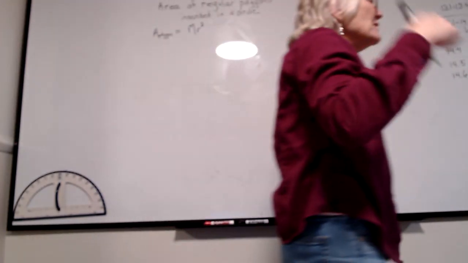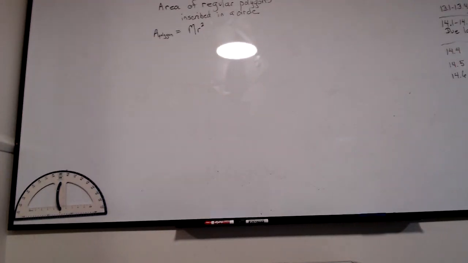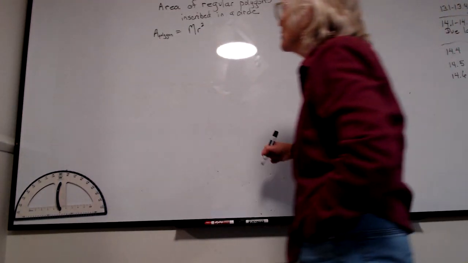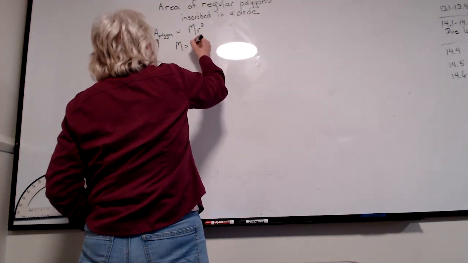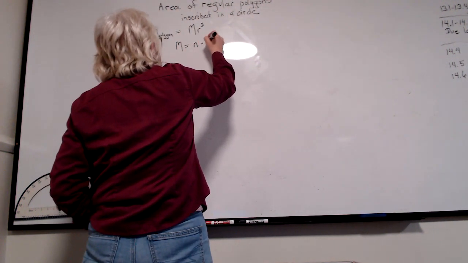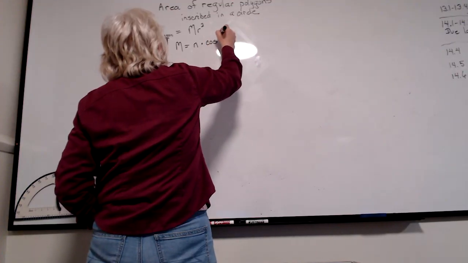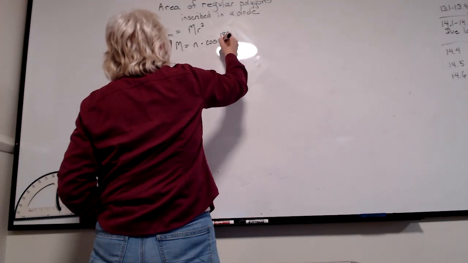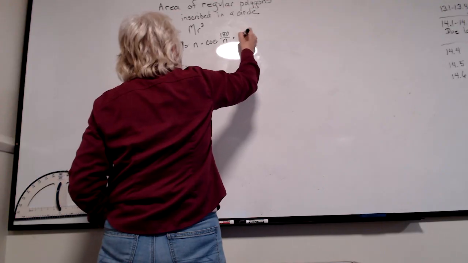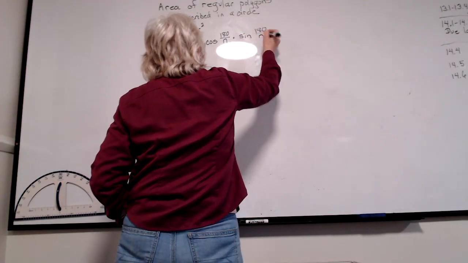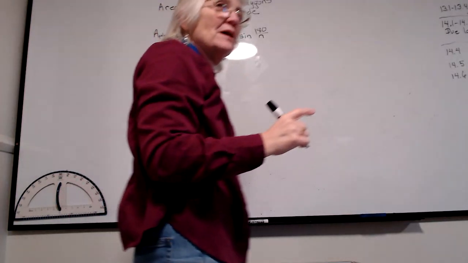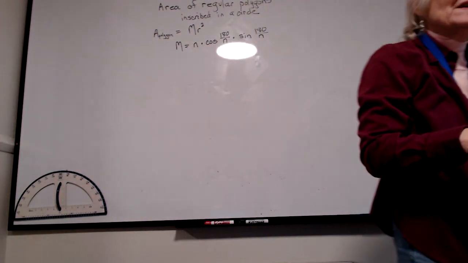That m is the special case where we just use the number of sides. So m is equal to n times the cosine of 180 divided by n times the sine of 180 divided by n. So we came up with this formula, okay?